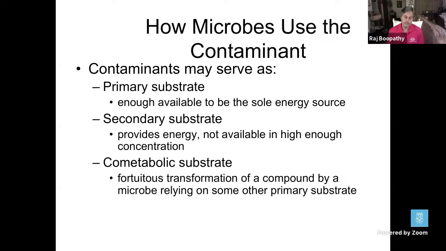Sometimes they use this component as a secondary substrate, so they live on another carbon source like glucose, another easily available carbon source, but they also use this as a secondary substrate. Also, the compound may not be in high enough concentration in the contaminated site, so they depend on other carbon sources. And then the third process is co-metabolic condition. In this case, you have to provide an additional carbon source such as glucose to enhance the bacterial biomass.